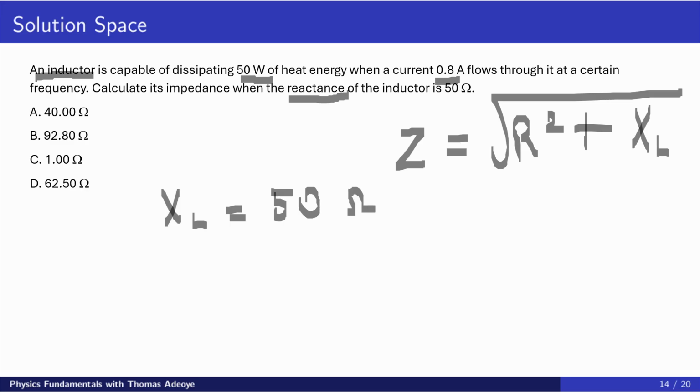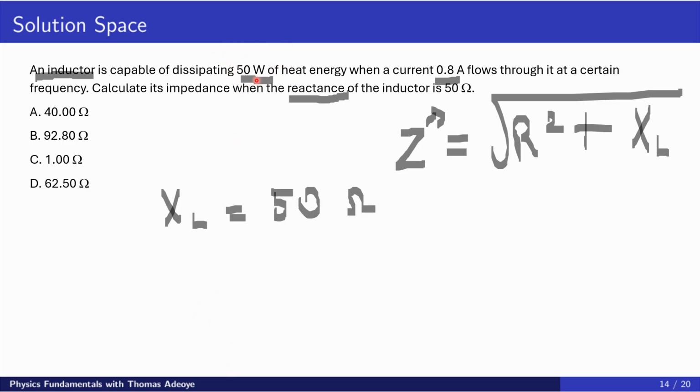So what they want us to calculate is the impedance. We need this R. We already know XL, they gave us. Now we need to calculate the resistance. How do we do this? They gave us the power dissipated.